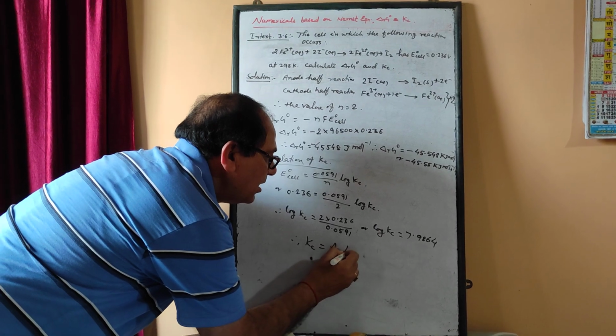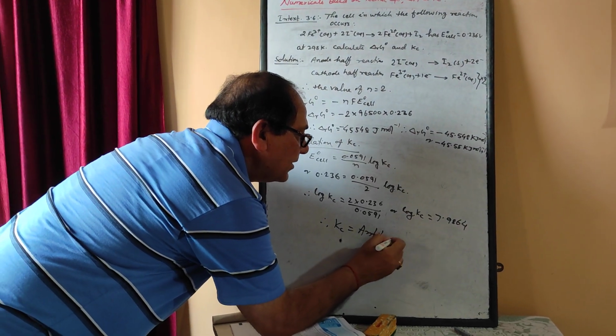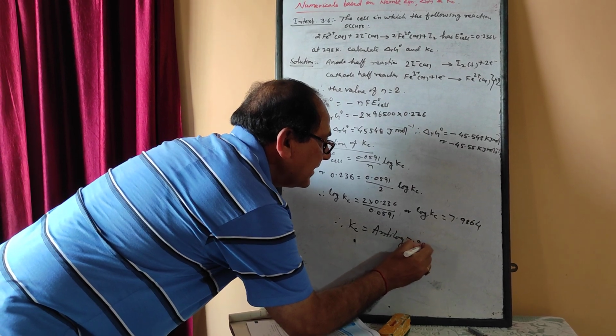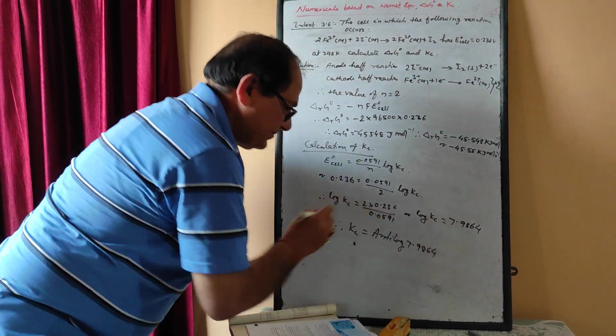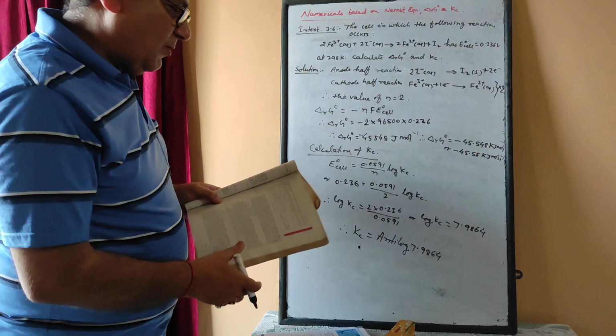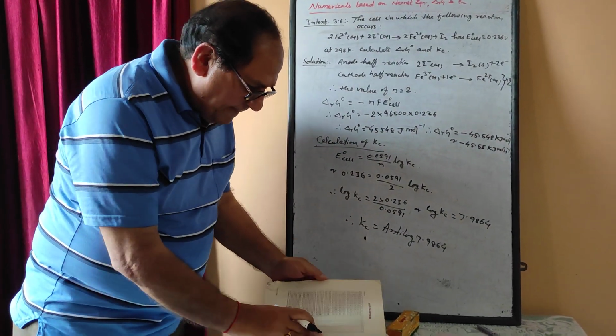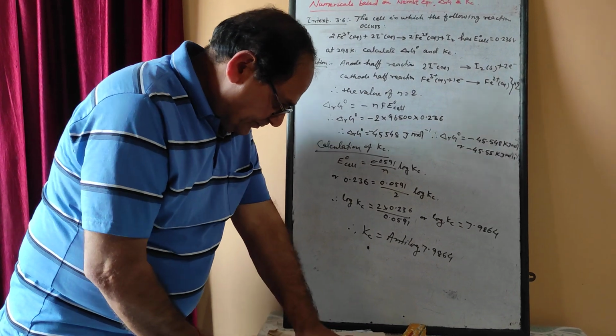Antilog of 7.9864. Now, how do you see the antilog? Please open your antilog table and see.